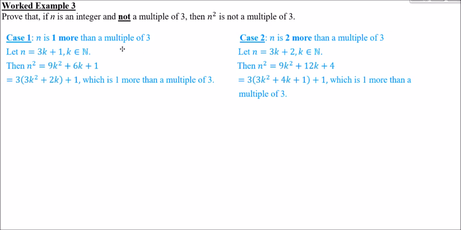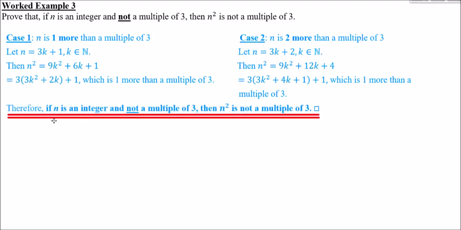So we've shown it true for when n is 1 more or 2 more than a multiple of 3, which are the only cases that n could be if it isn't a multiple of 3. So we've proven it exhaustively. Therefore, if n is an integer and not a multiple of 3, then n squared is not a multiple of 3 either.